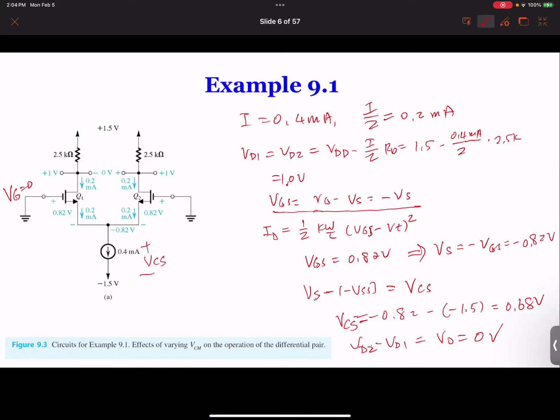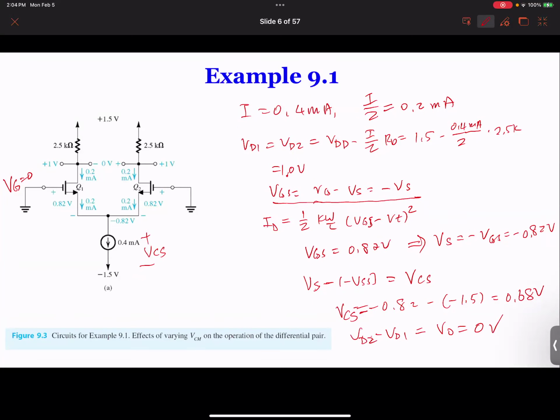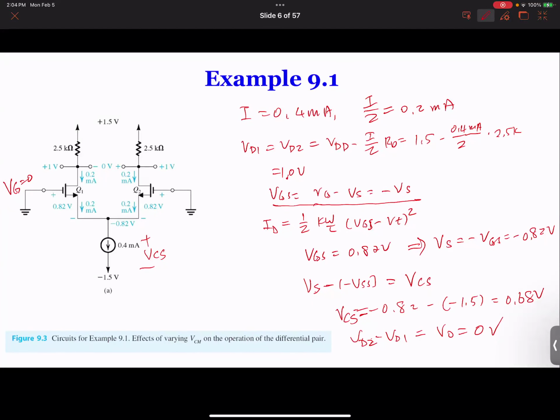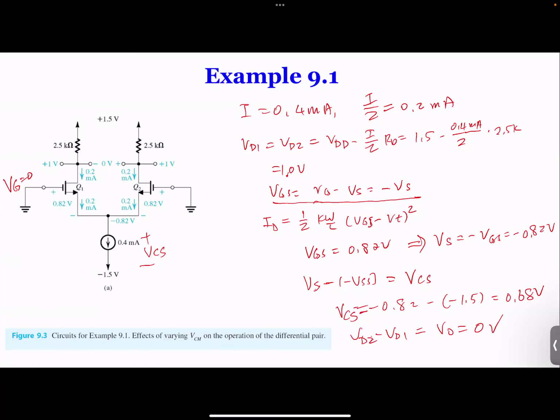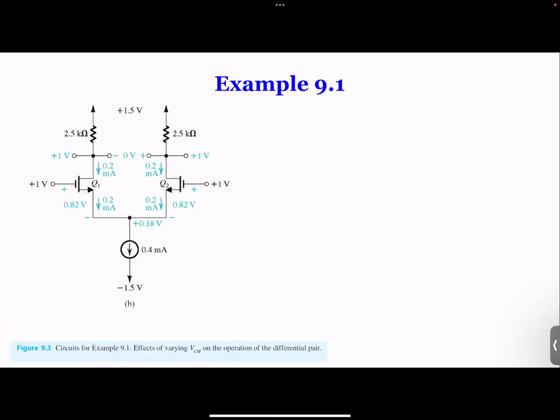When the gate voltage is not 0, we need now to recalculate everything, but not likely. We don't actually have to calculate everything, because in this case VG1 and VG2, because of common mode, are both connected to 1 volt, the same voltage.